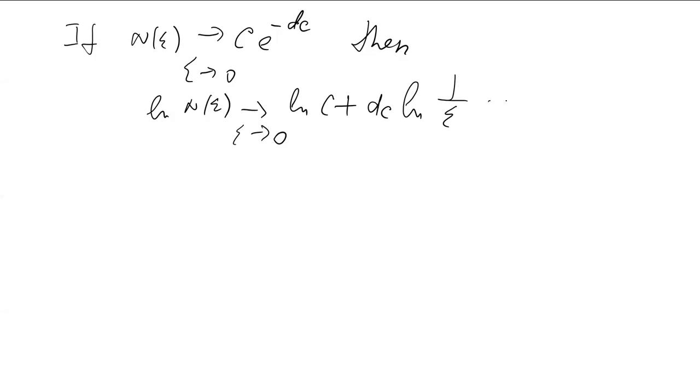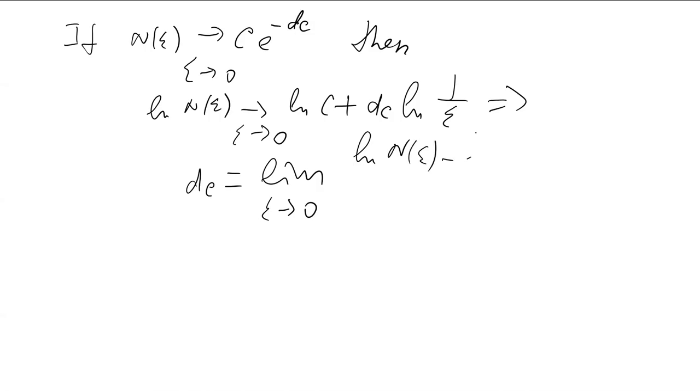And finally, from here we can find that dc equals the limit, when epsilon tends to 0, of the logarithm of n minus the logarithm of c, divided by the logarithm of 1 over epsilon. And this can be cancelled because the denominator tends to infinity.